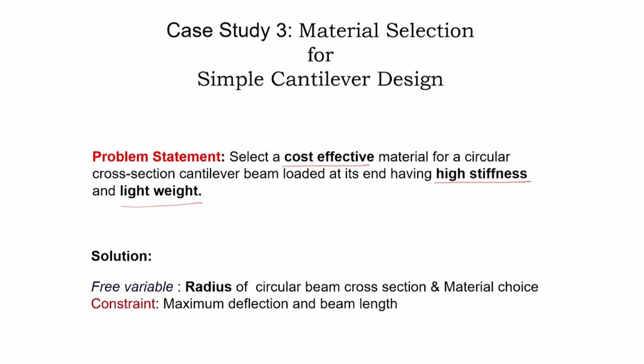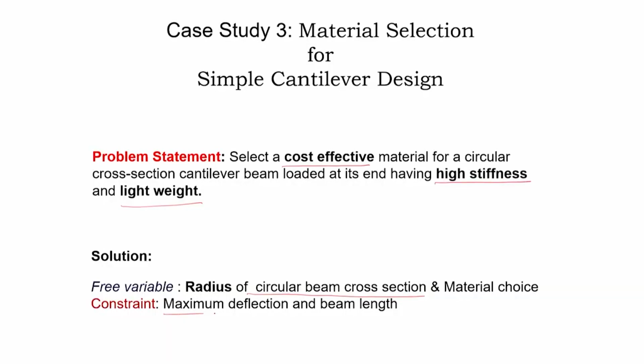Suppose first we consider this entire problem for a circular beam cross section. Of course, an aircraft wing is neither rectangular nor entirely circular, it is something like an aerofoil shape, but let us just try to do it for a circular beam cross section. And the constraints are maximum deflection and beam length.